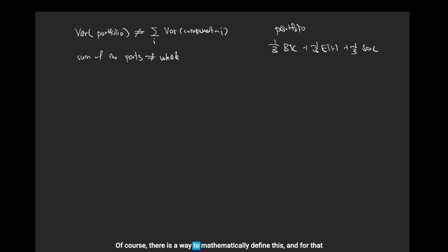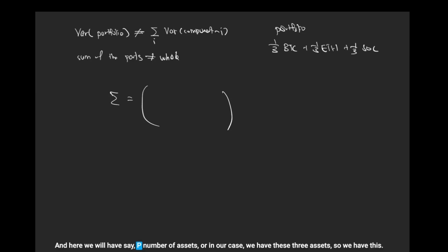Of course, there is a way to mathematically define this, and for that we need a covariance matrix. So let this be a covariance matrix, and here we will have, say, P number of assets, or in our case we have these 3 assets.